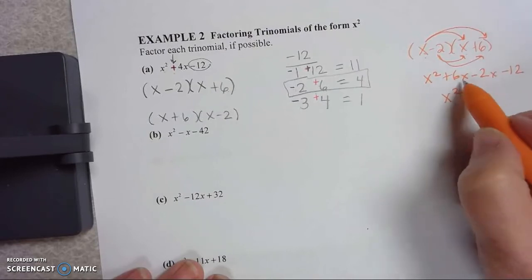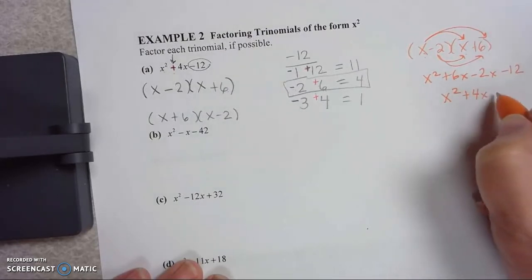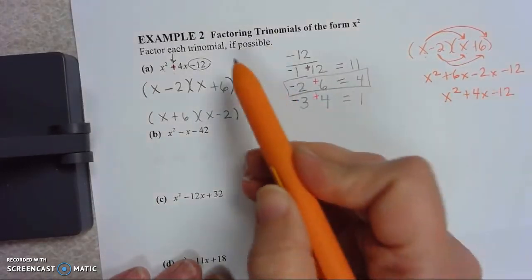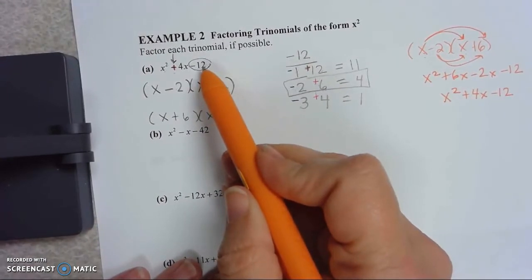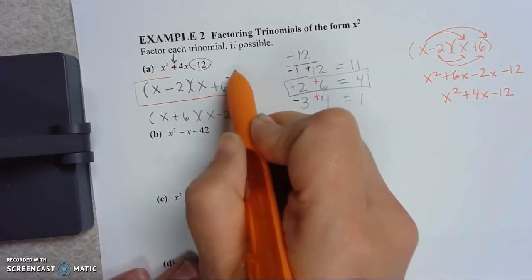When I combine my like terms together, 6x's minus 2x's is 4x's. Alright, notice my answer here is the same as the problem that I started with, so I know I have the correct factors listed.